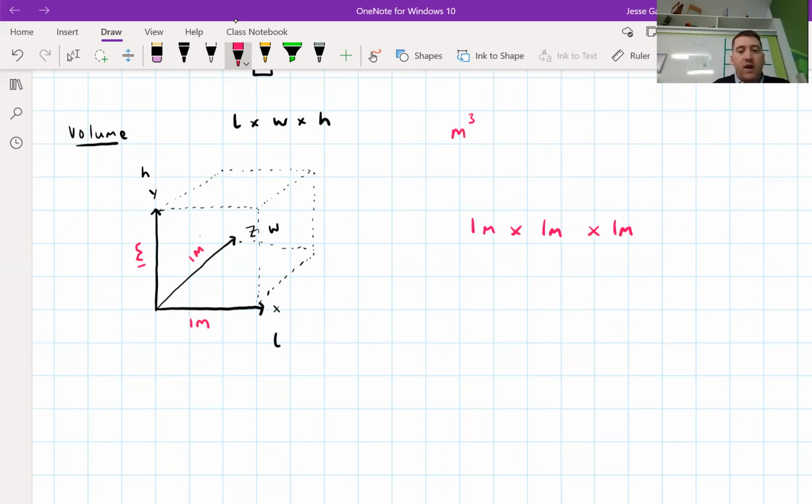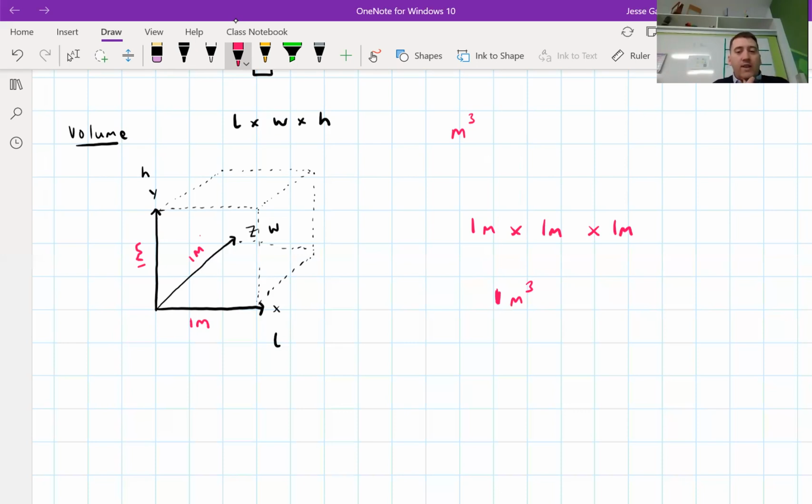Now, 1 times 1 times 1 is just 1, but meters times meters times meters is meters cubed. So 1 meter cubed, as we usually measure our SI units in meters.